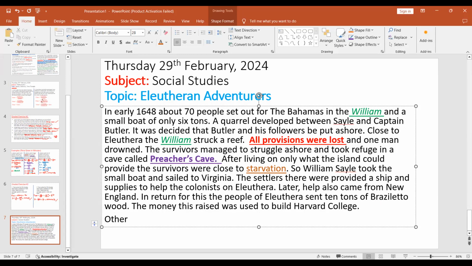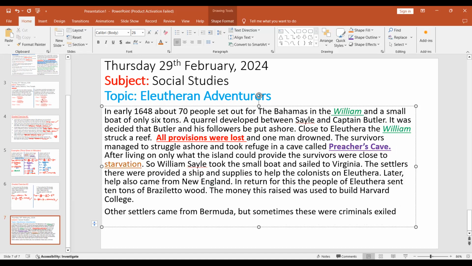So other settlers came from Bermuda, but sometimes these were criminals, exiled. Anyone know what exile means? To be removed or banned from a city or place.